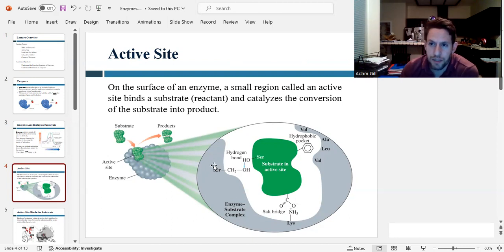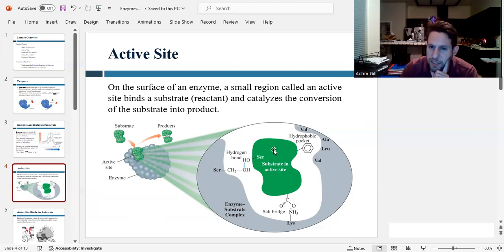You can have hydrogen bonds, you can have dispersion forces, you can have ionic bonds. And these intermolecular forces are occurring between the substrate and the amino acids of the enzyme that point into the active site. So this whole enzyme is made of protein, but right along the active site, there are certain amino acids that are pointed inward. And those amino acids that are pointed inward have intermolecular forces that hold the substrate in there.